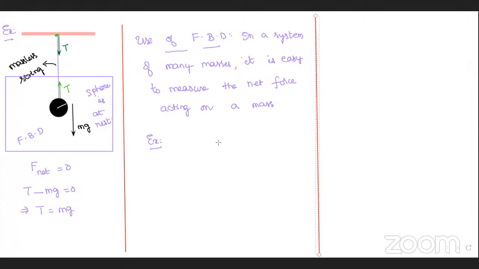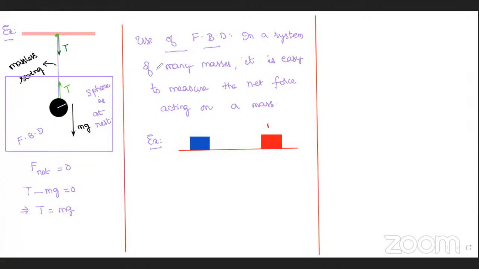Example 2. Here I am taking, suppose this is a smooth surface, and on the smooth surface I am placing two masses here, 1 and 2. Okay, different masses, that's why I mentioned with different colors.